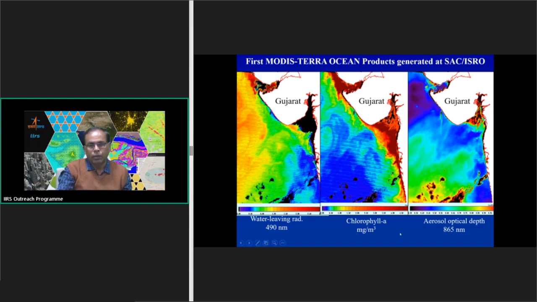Chlorophyll is one of the products, and the byproduct is the aerosol optical depth.